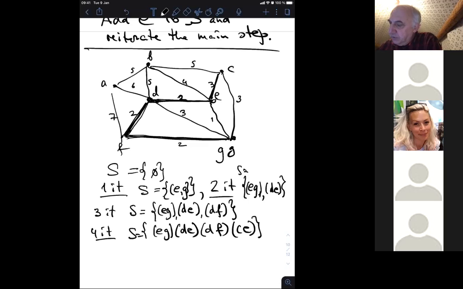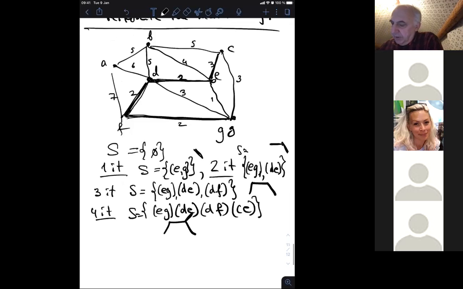So here we have just one edge, EG. So here we have 2 edges, EG, DE, like this. So here we have 3 edges like this. So after this step, we'll be having 4 edges, 1, 2, 3, and 4. Okay, fifth iteration would be I'll be adding BE.